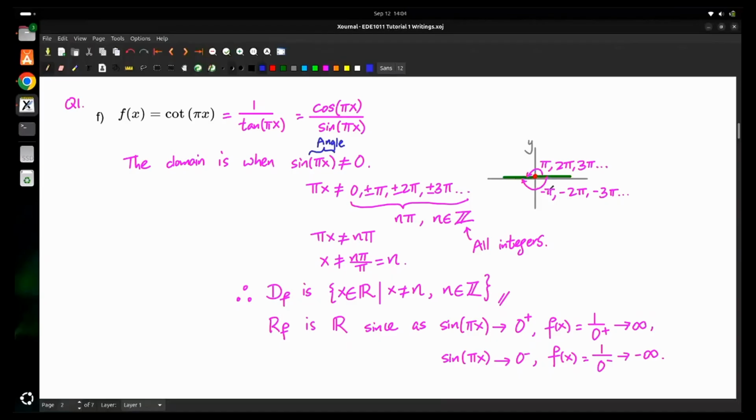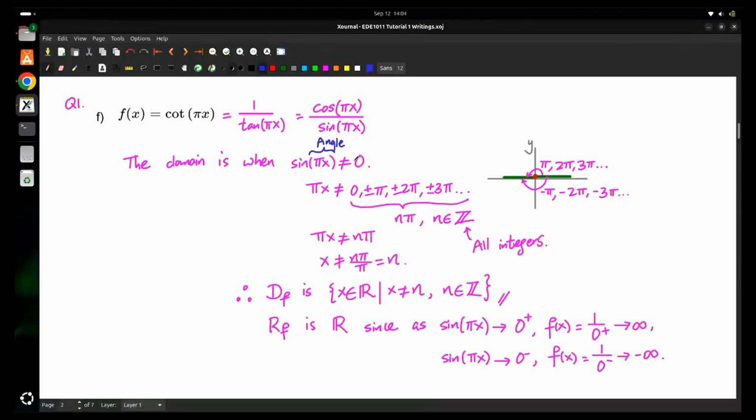But you can also go the other way. If you go the other way, it will be minus pi. Then you can imagine if you have pi, then you rotate half a round more, get 2 pi. Then rotate half a round more, get 3 pi, and so on and so forth. So as long as your hypotenuse is at these angles, it will be lying on the x-axis, which gives you the value of 0 for the sine projection or the y-axis projection.